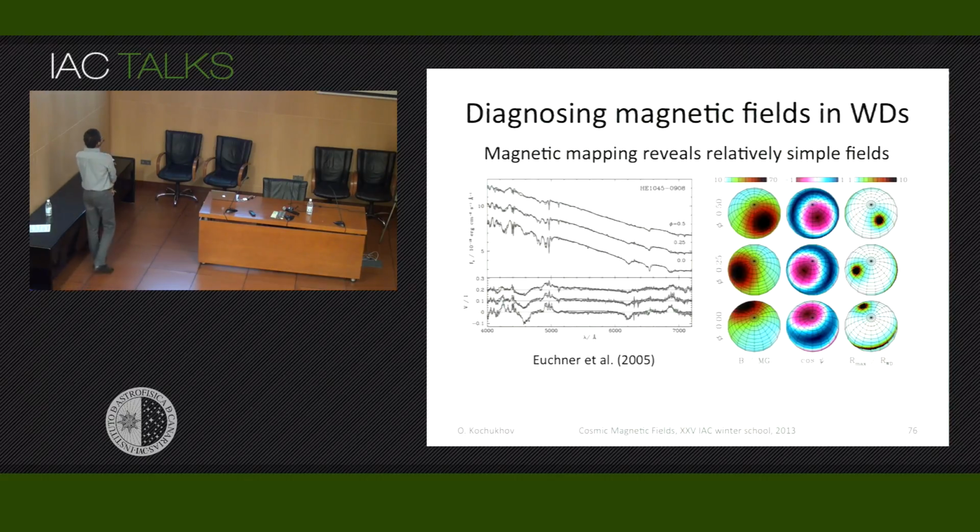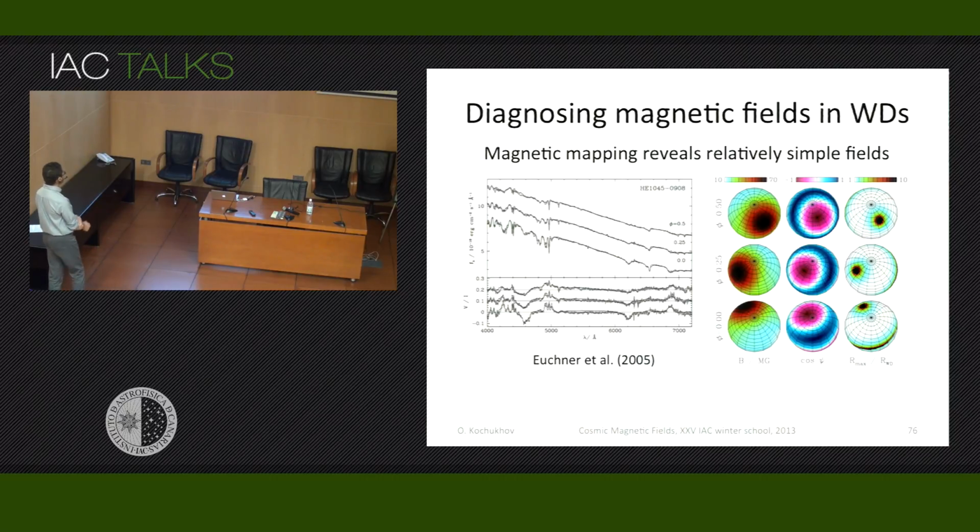There have also been studies similar to Zeeman Doppler imaging for white dwarfs, and this is an example of one such study where they tried to reproduce both the Stokes I spectrum and the Stokes V spectrum. This is the geometry: here is the field strength, and this is the cosine of the angle between the line of sight and the field.